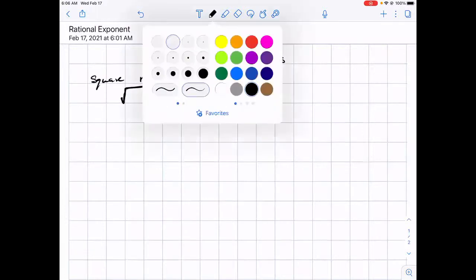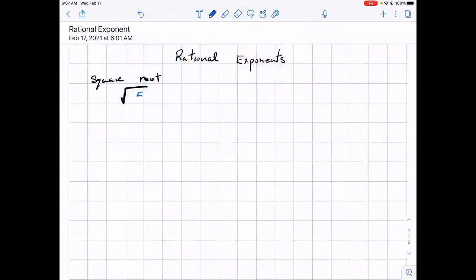So for example, if we have the square root of 5, it's called the square root. We can also say the square root of some variable x.